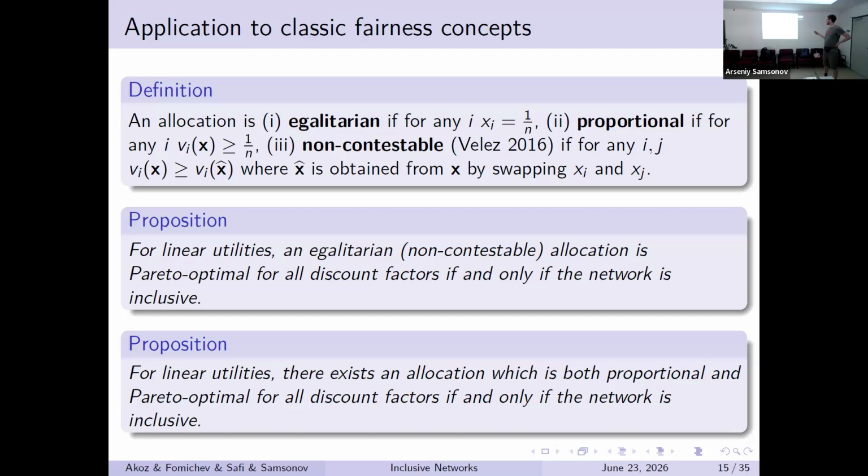The second one is proportional. So everyone gets at least 1 over n. Why exactly 1 over n? Well, let's imagine an alternative world where everyone becomes a dictator with the same probability 1 over n. If I'm a dictator and we're in the linear utilities world, I want everything to myself, so I get 1.